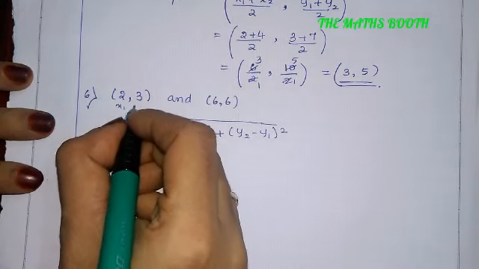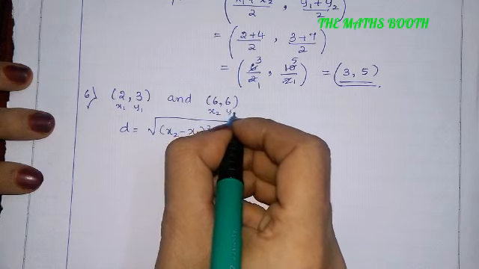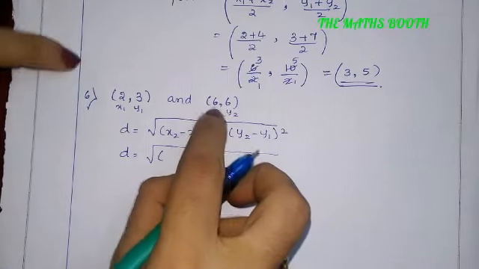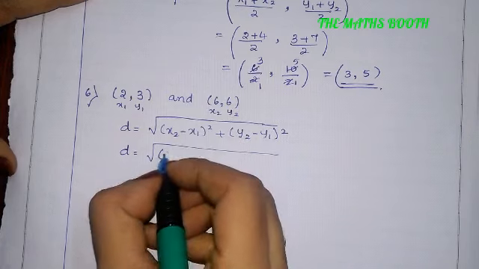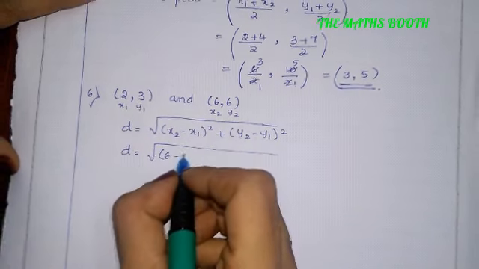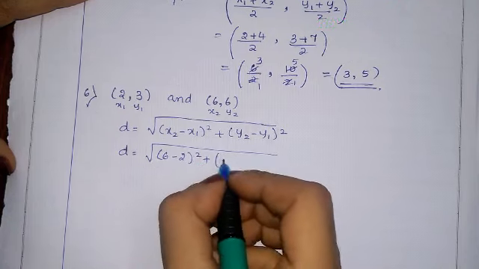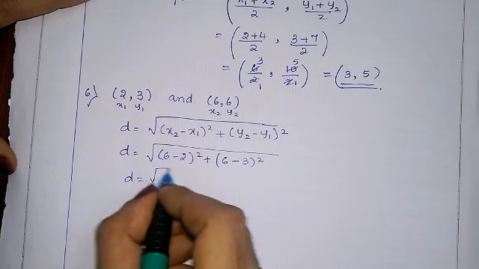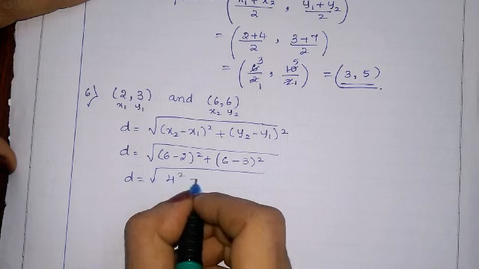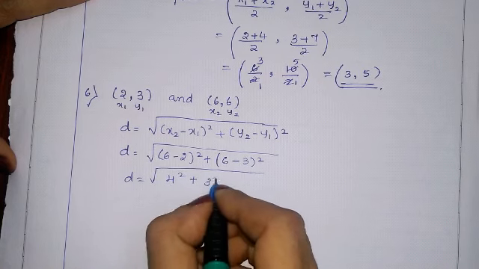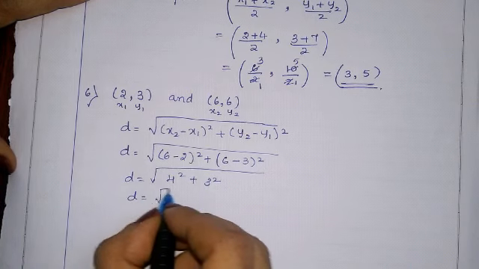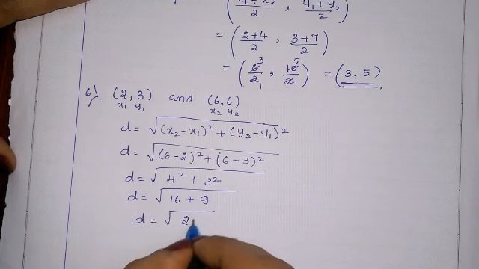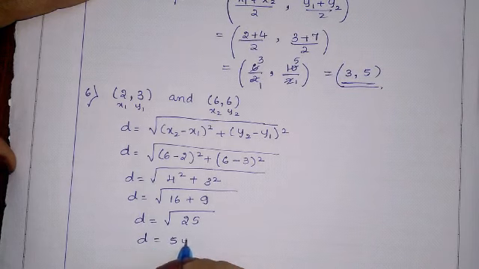The first point is x1, y1 and the second point is x2, y2. d is equal to root of x2 value 6 minus x1 value 2 whole square plus y2 6 minus y1 3 whole square. d is equal to 6 minus 2 is 4 square plus 6 minus 3 is 3 square. d is equal to root of 16 plus 9, root of 25, and d is equal to 5 unit.